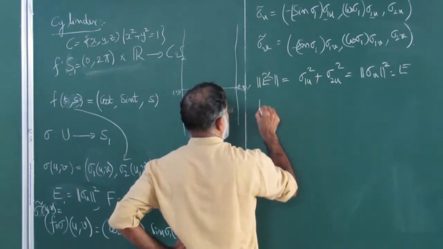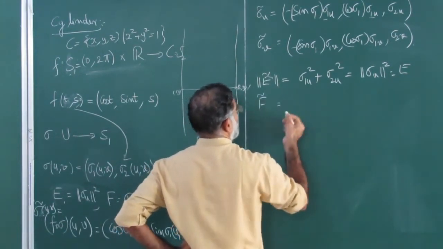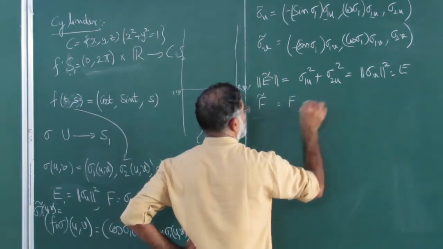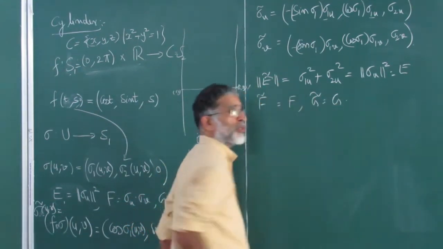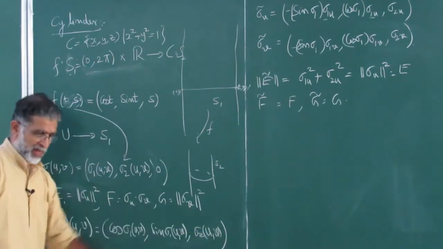Now I think it's easy for you to compute: F tilde equal to F and G tilde equal to G. That's easy too. In the same way you can complete it.